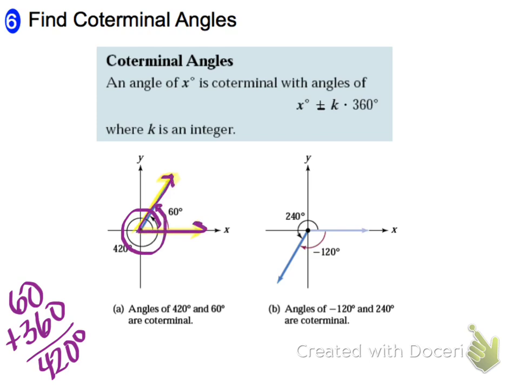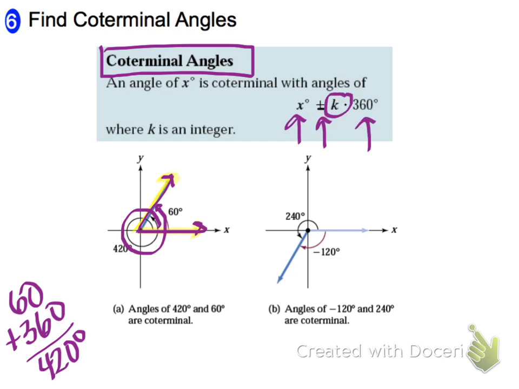Now, because 60 degrees and 420 degrees look exactly the same, the only difference is how many times we wrap around the circle. They're what we call coterminal angles. So for an angle to be coterminal, we're going to take the amount of degrees it starts with, and we're going to add or subtract 360 degrees times k.